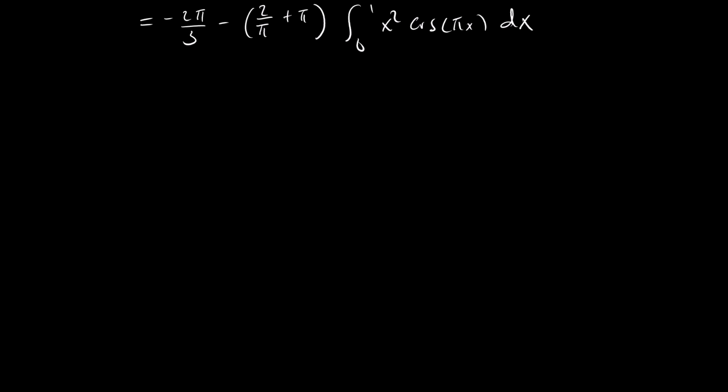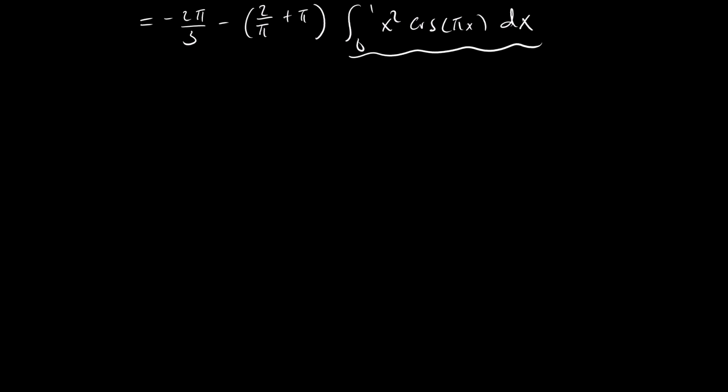So we've come to a point where our problem is negative 2 pi over 3 minus 2 over pi plus pi times the integral from 0 to 1 of x squared times cosine of pi x. And we see that this is now what we're going to focus on.